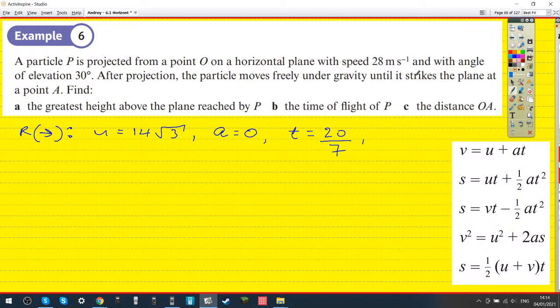What's the 1 thing we want? S. Yeah. So I can now do ut plus half at squared. And so that would be 14 root 3 times 20 over 7 plus half times 0 times 20 over 7 squared. That's it.